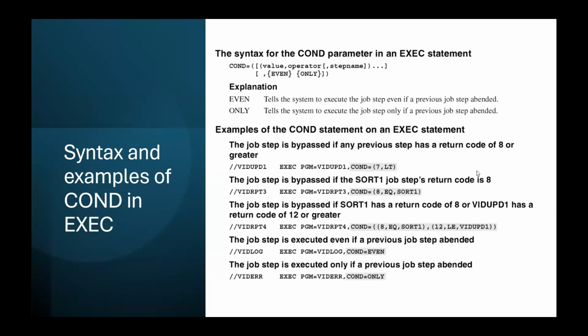And if the condition is satisfied, then this execution will not happen. So if on the sort step you get the return code 4, then 8 equals 4 is not true, and that's why this step will be executed. So this is the second example.